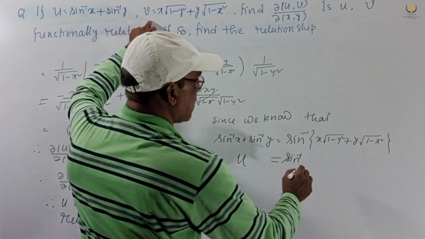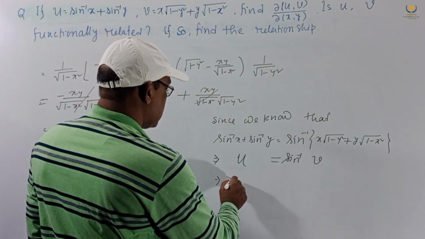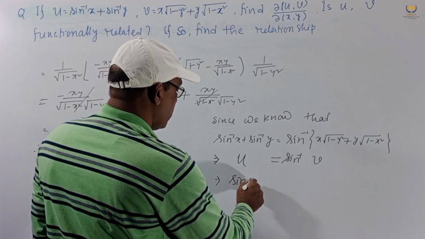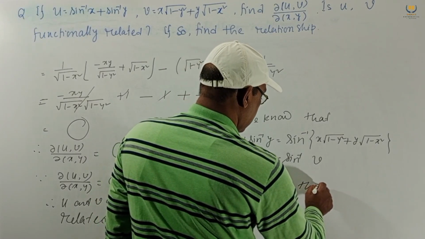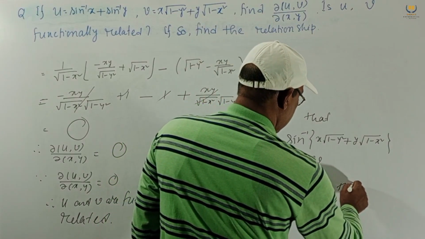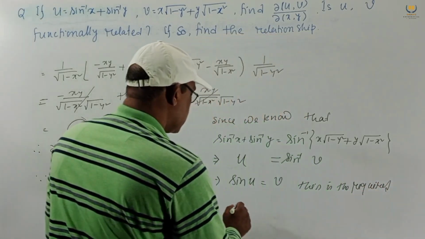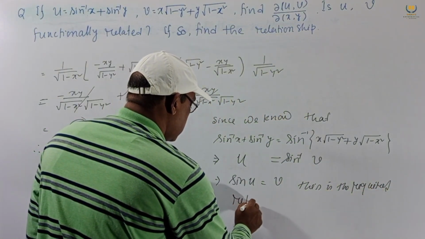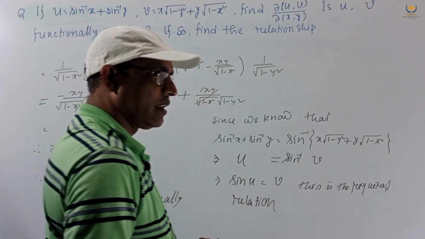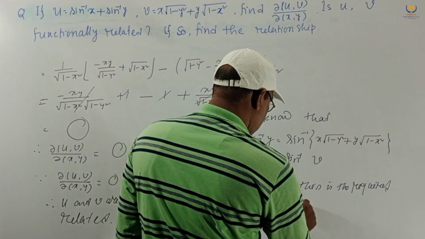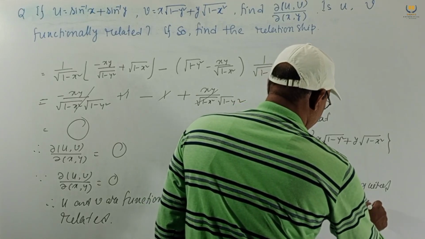This is v given. So this implies sin u equal to v.